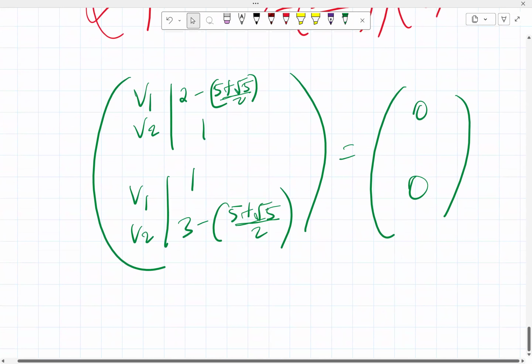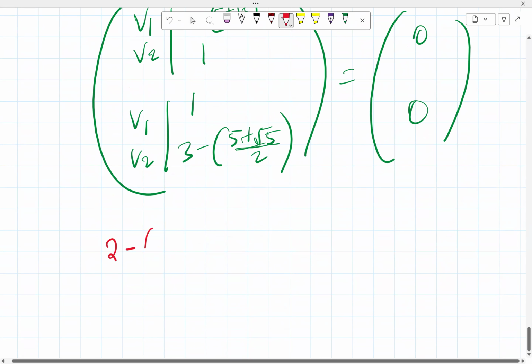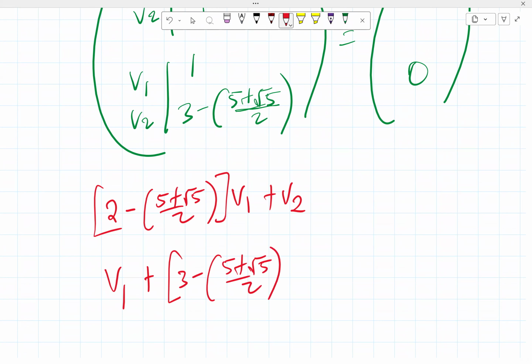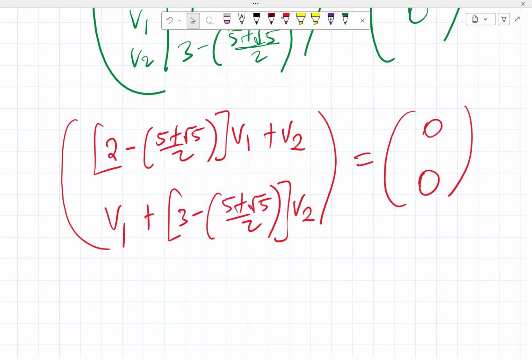That's 2 minus 5 plus root 5 all over 2, all this times V1, plus V2, and then the second row is V1 plus 3 minus 5 plus root 5 all over 2, times V2, and that is equal to 0, 0. So the first row gives this.